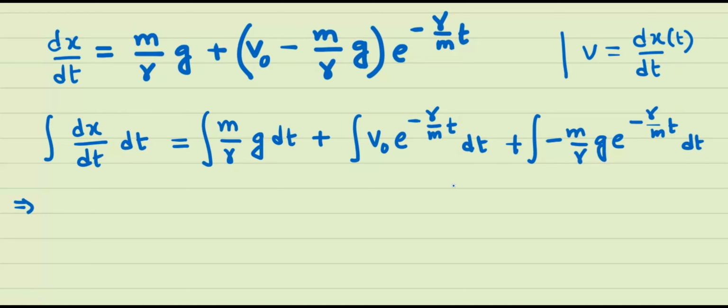So in the left hand side, we are left with x of t, and on the right hand side we have m divided by gamma and then gt.